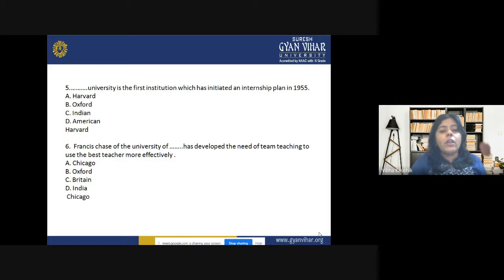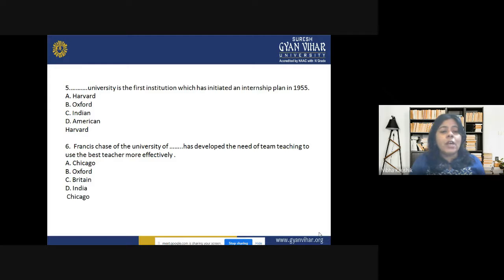Now, the fifth one, dash University is the first institution which has initiated an internship plan in 1955. Now, about which university we are talking, that university is the first institution which has initiated an internship plan in 1955 about team teaching.